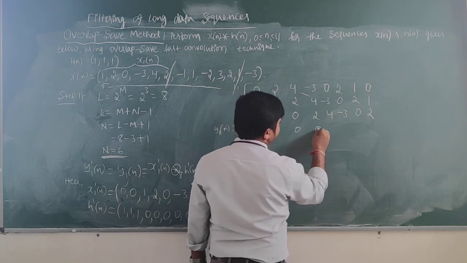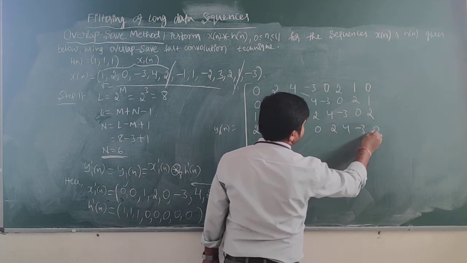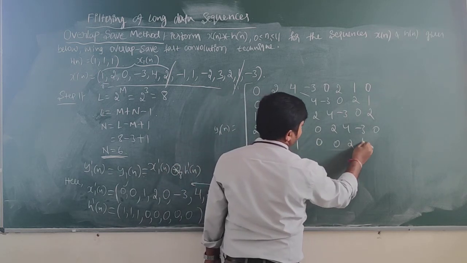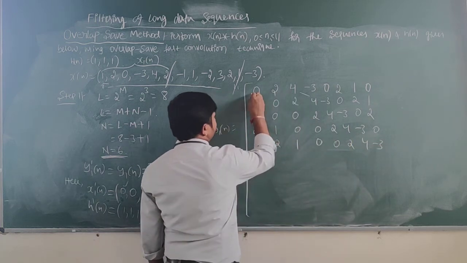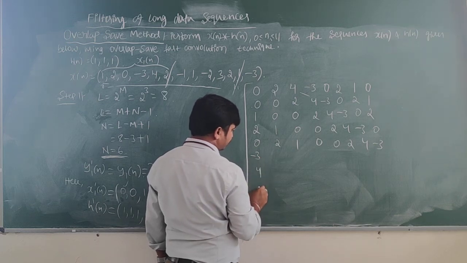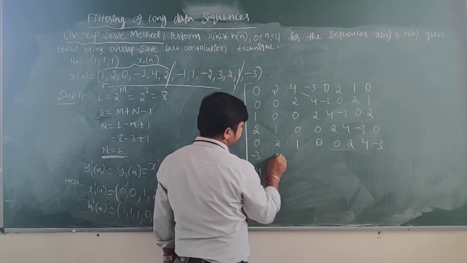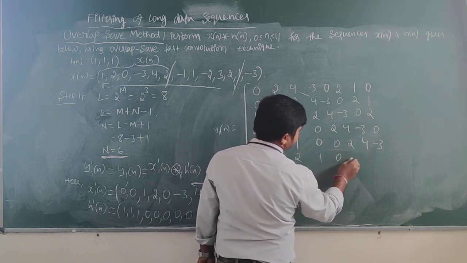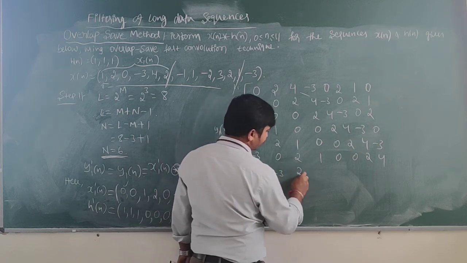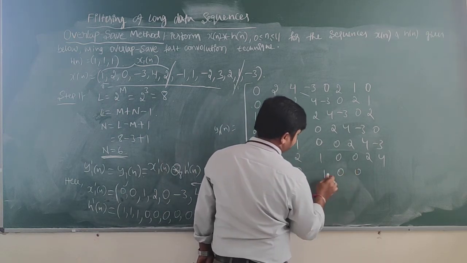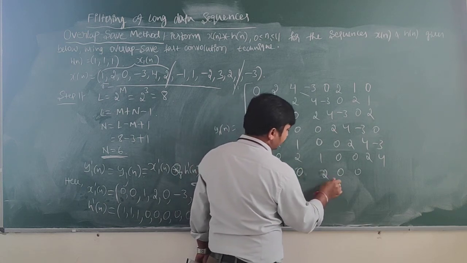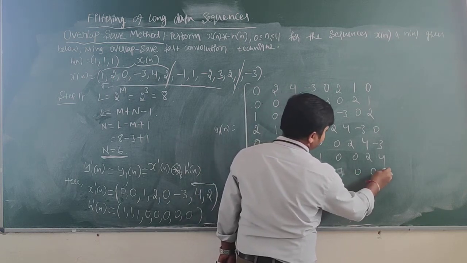1, 0, 0, 2, 4, minus 3, 0, 0, 2, 1, 0, 0, 2, 4, minus 3, 1, 2, 3, 4, 5, 6, 7, 8, minus 3, 0, 2, 1, 0, 0, 2, 4, 4, minus 3, 2, 1, 0, sorry, minus 3, 0, 2, 1, 0, 0, 2.